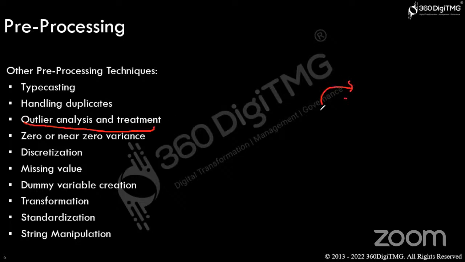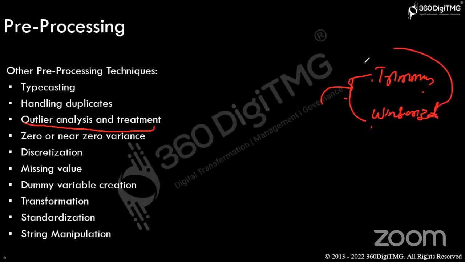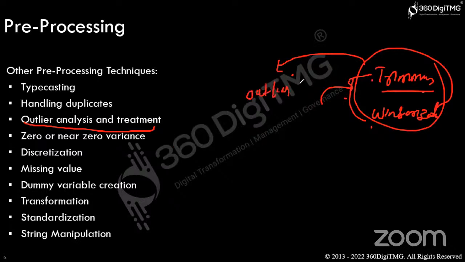We have different techniques to remove outliers. One is trimming, and one is winsorization. So these are the 2 outlier treatment techniques. In trimming, what will we do? We will simply delete the outliers from the data set.